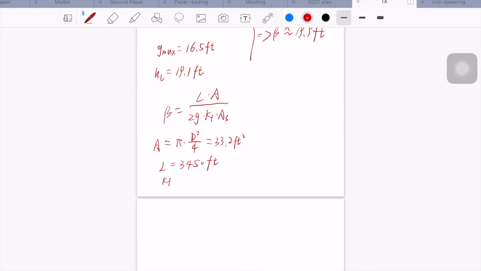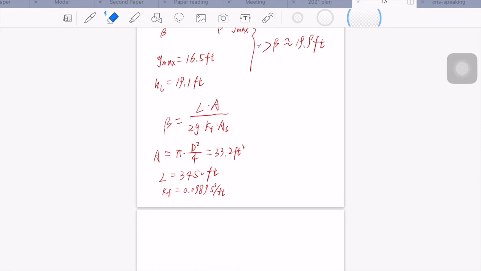The K sub F we got before is 0.0989 second squared per foot, and beta is 90.9 feet.